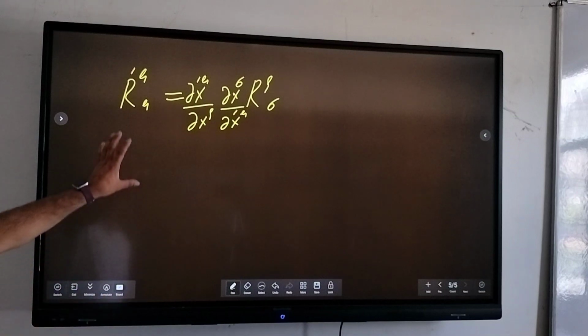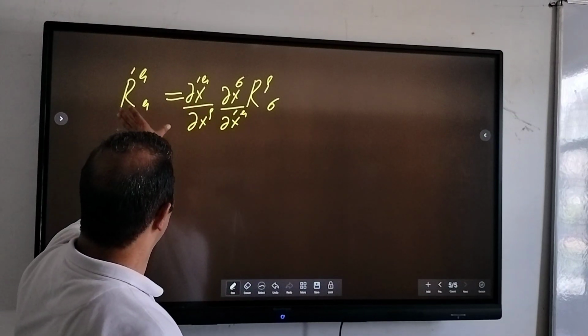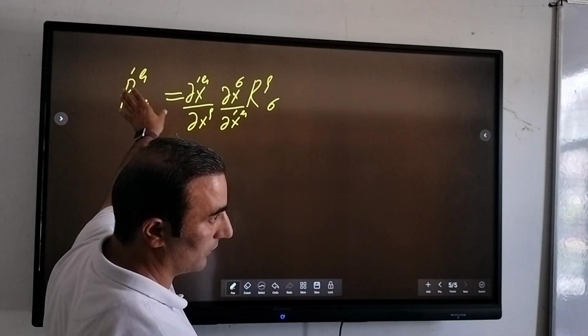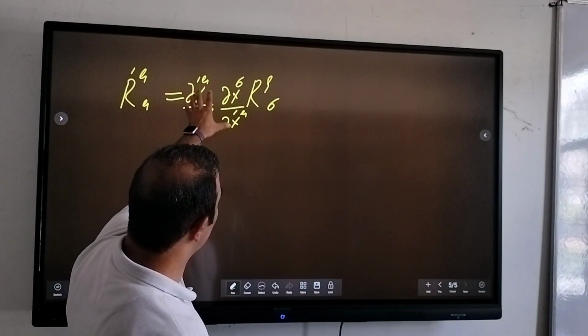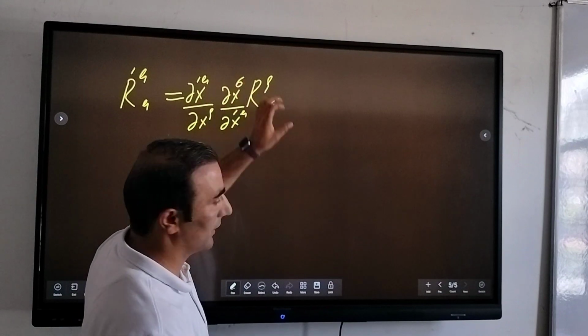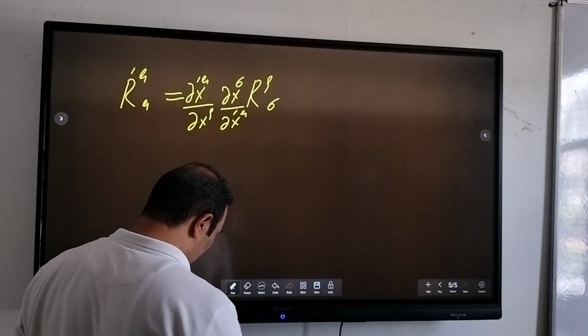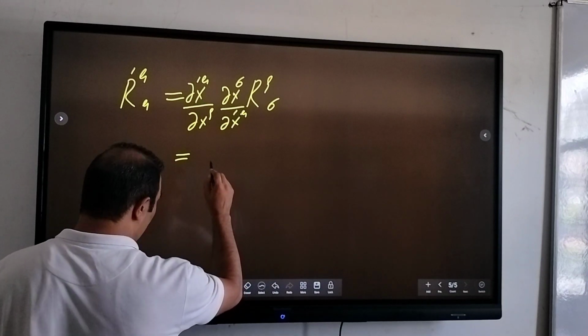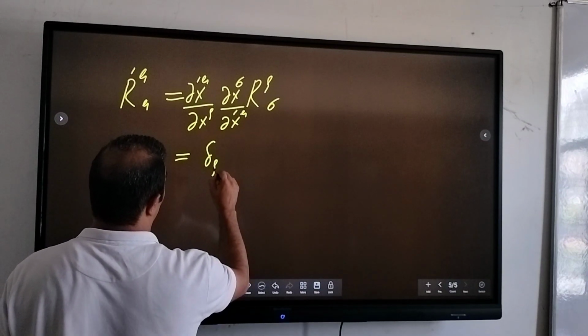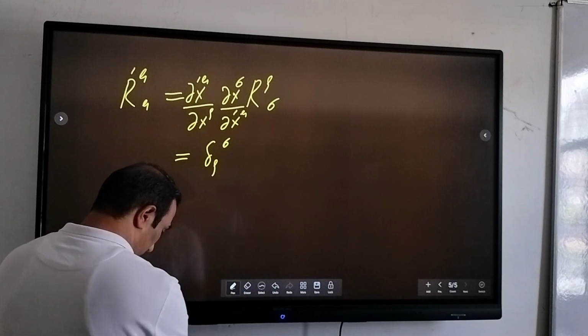Okay, so this is what you can get from here. So you are contracting tensors of the same rank with some transformation matrix, and then this, right? Because if you relate this, it will be equal to this one. This one is equal to rho sigma, right?